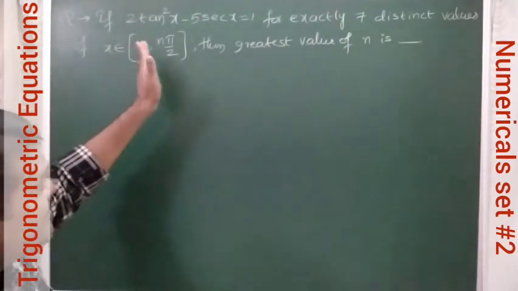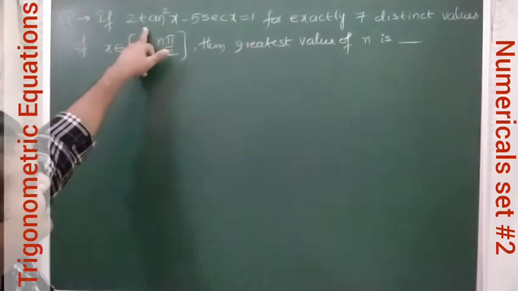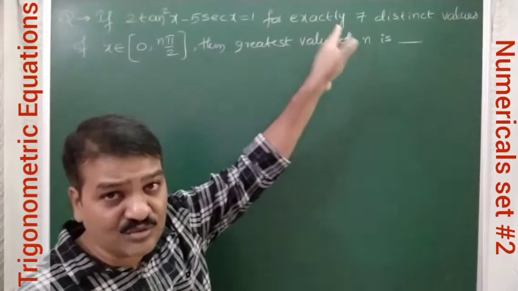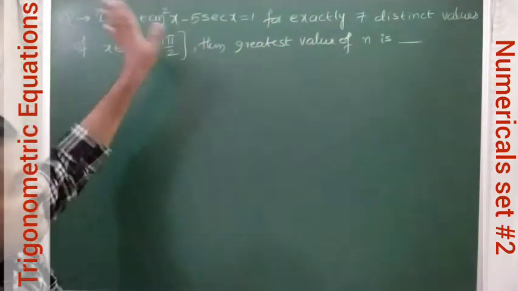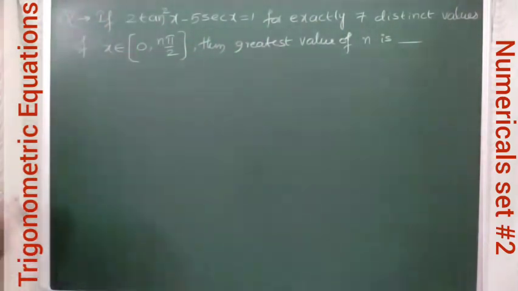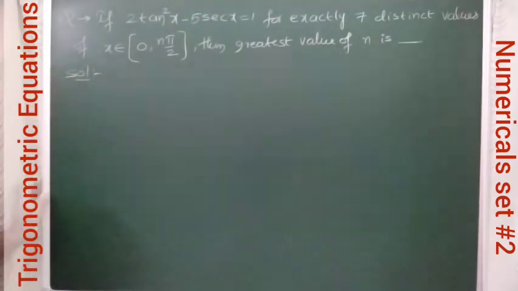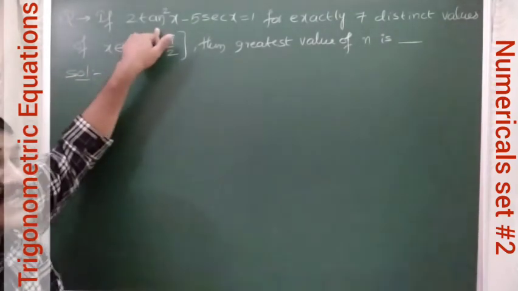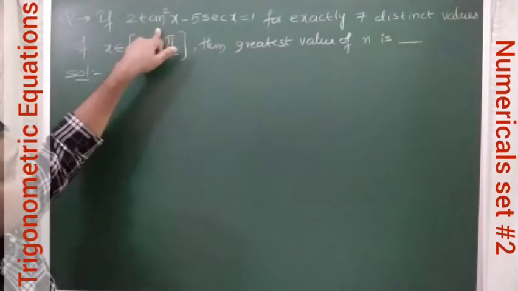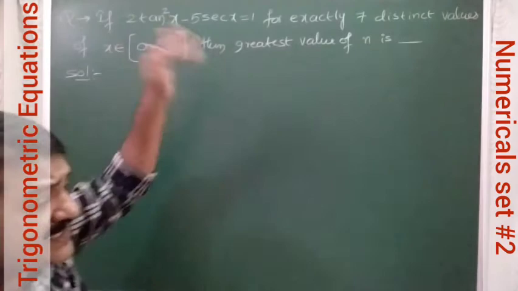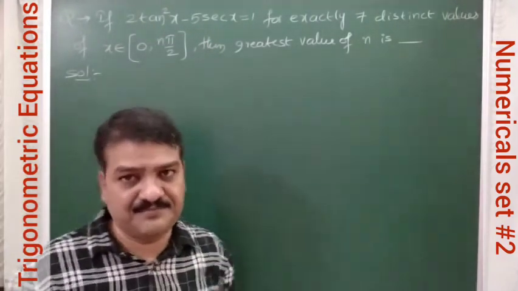What is the greatest value of n such that this equation has exactly 7 distinct values satisfying this equation? So let us solve the equation first. For solving the equation, we can use the identity secant square x minus tan square x is equal to 1. Using the identity, let us convert the complete equation into secant x.